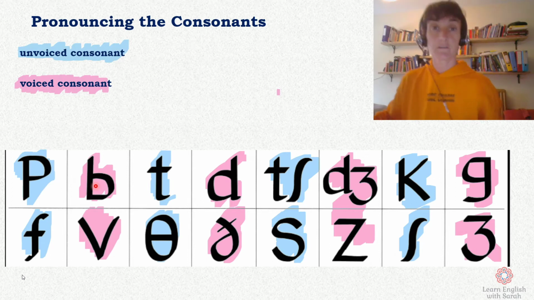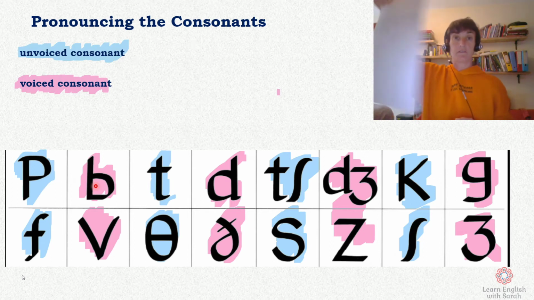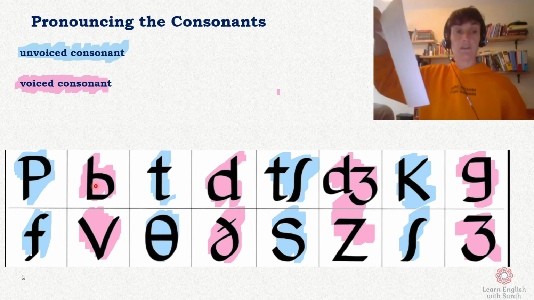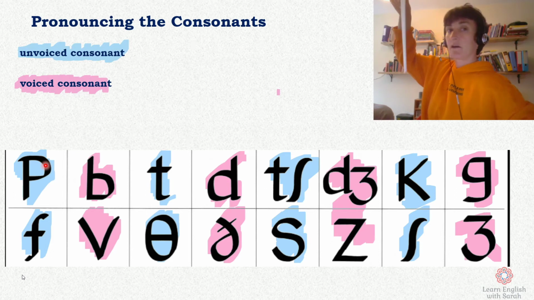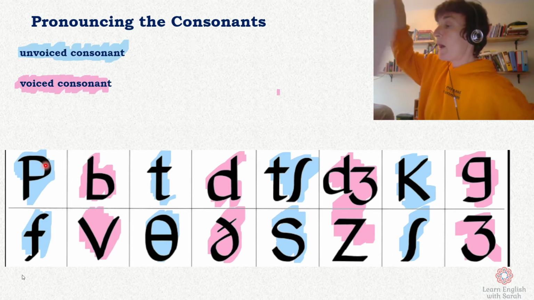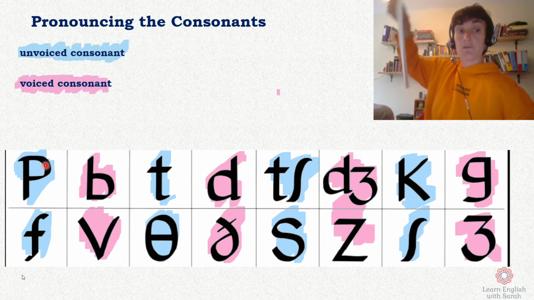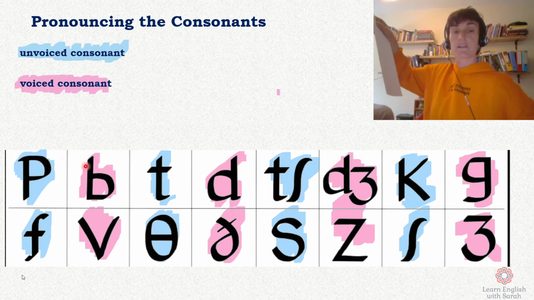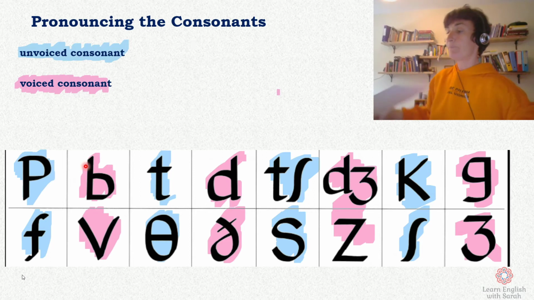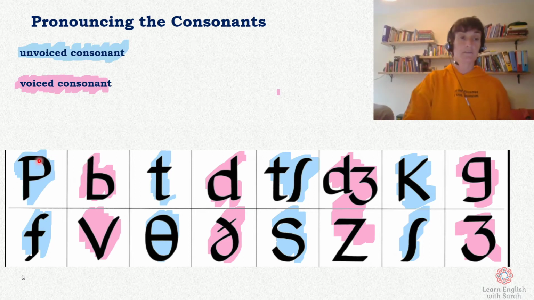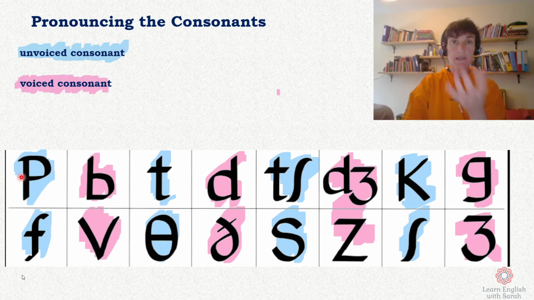Now an interesting way to check this is if you get a bit of paper, when you say this sound, /p/, I don't know if you can see that, the paper moves. When you say this sound, /b/, there's no movement. And I think that's because when we say this, we expel more air than we do here.